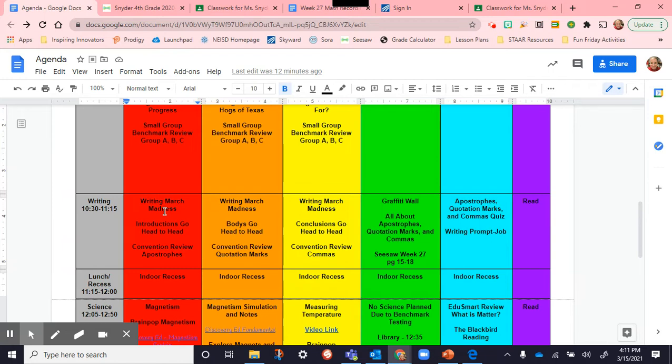And so some of them had both, some of them had things missing, some of them had quite a bit of grammar and spelling and things like that. So we were kind of weeding through the different ones and having them go head to head and voting on what we thought was stronger and talking about why it was stronger. So we'll do that tomorrow for the body paragraphs, and then we'll do it on Wednesday for the conclusion. Then we'll piece together a nice strong paper.